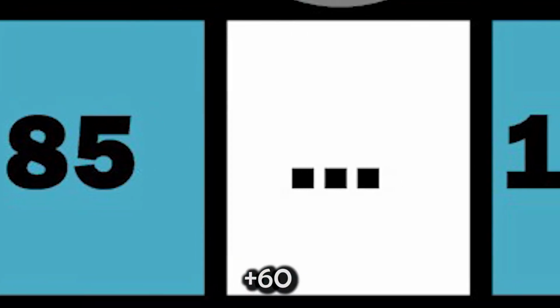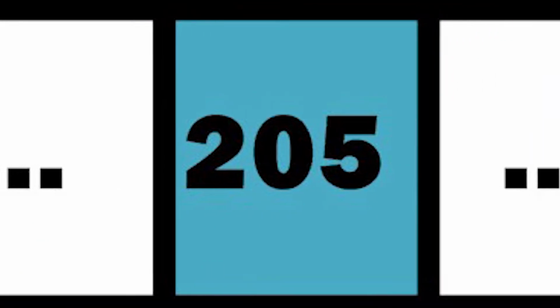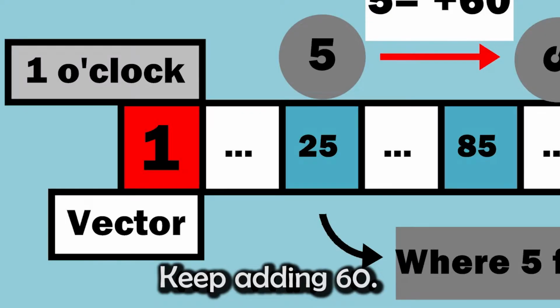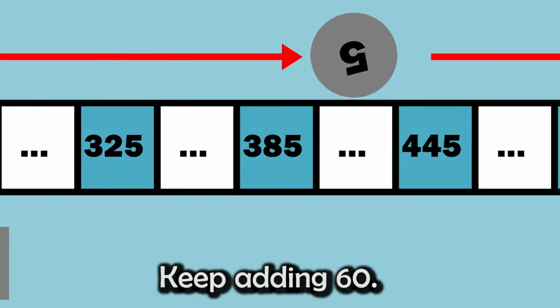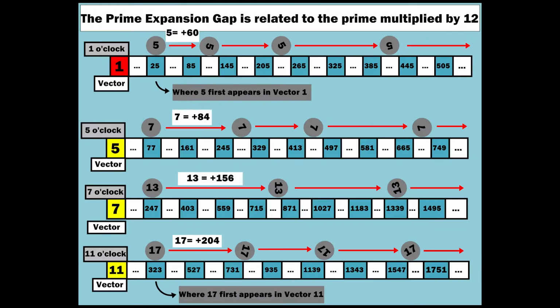We add 60 to 85 to arrive at 145. We add 60 to 145 to arrive at 205. By adding 60 to each of the composites related to the prime number 5 at 1 o'clock, we will locate successive composites indefinitely, up to 1,000 digits, 2,000 digits, 10,000 digits.